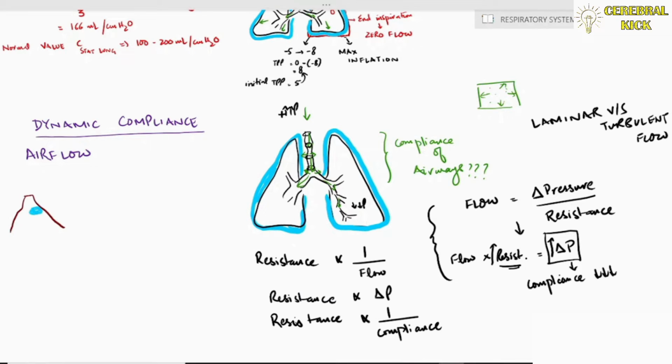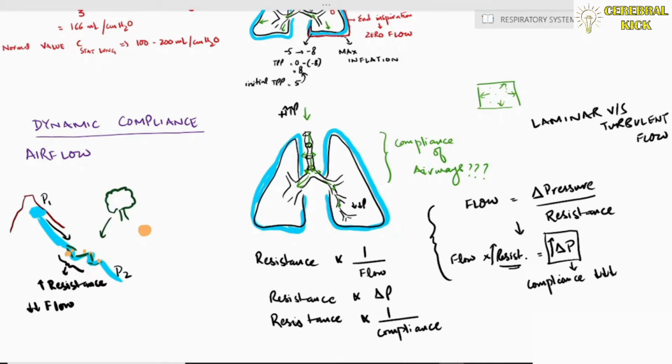If I were to talk about flow of water from the mountain top, let's say P1 to P2, and I were to place logs, trees and some stones in the path of water, what would it do? It would increase the resistance to flow. Now in order to maintain the flow, the pressure needs to be increased.